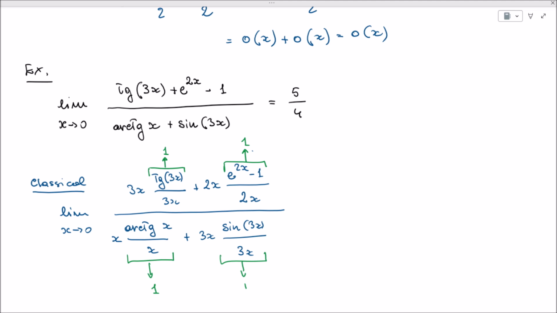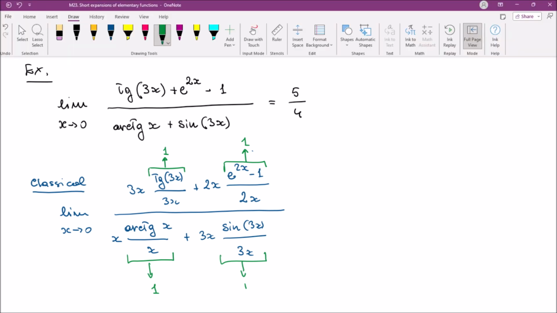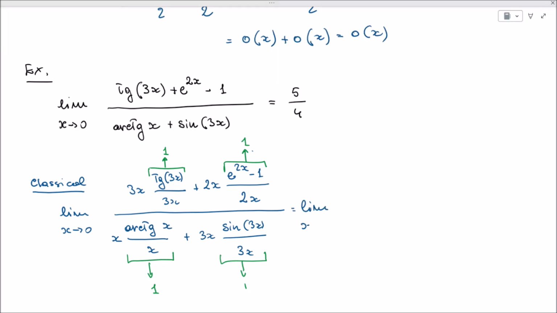So this limit is simply the limit as x goes to 0 of 5x divided by 4x, and by simplifying the x's, we have 5 divided by 4. Okay, so this confirms the initial intuition.